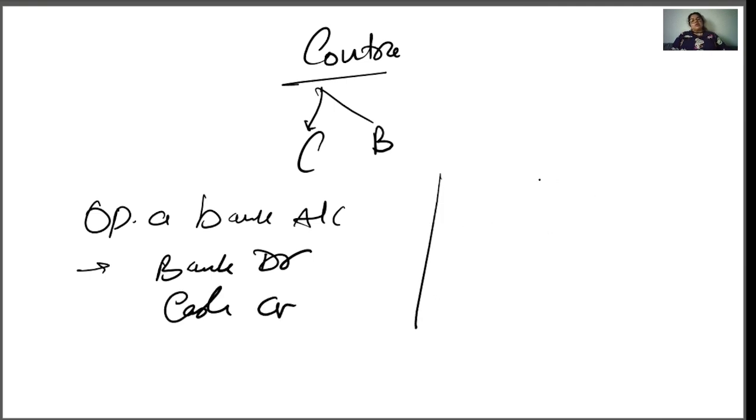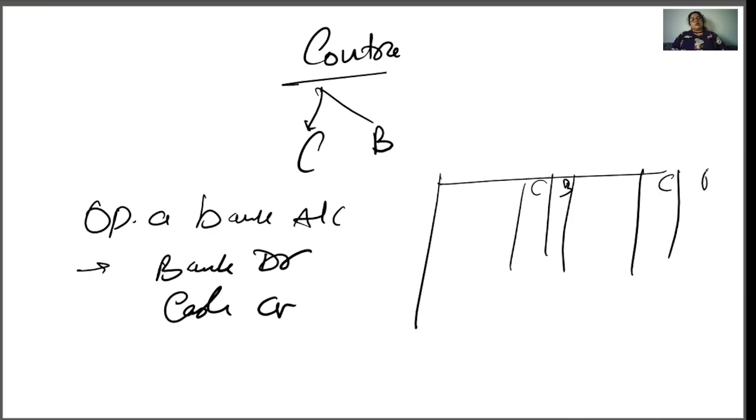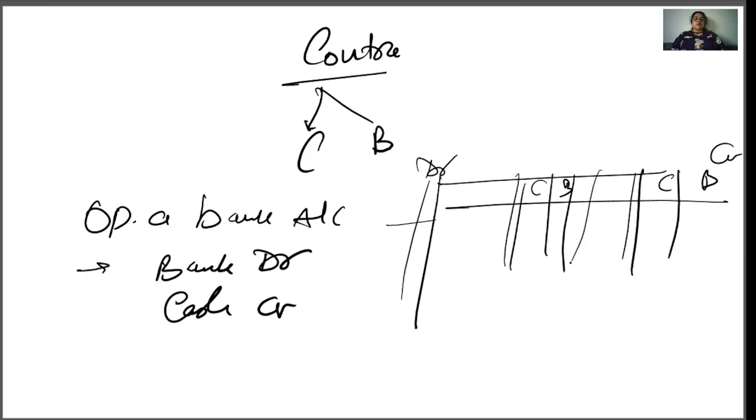So how will you record in the cash book? Cash, bank. This is debit, this is credit. I make it simple, short, try to understand. So bank is debit here.